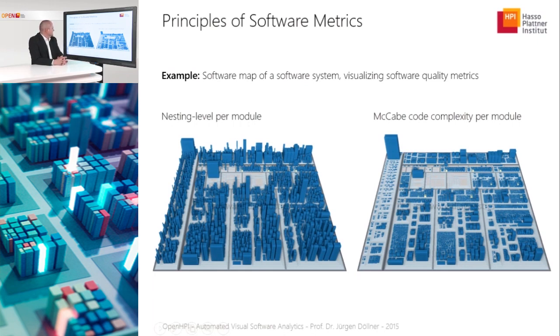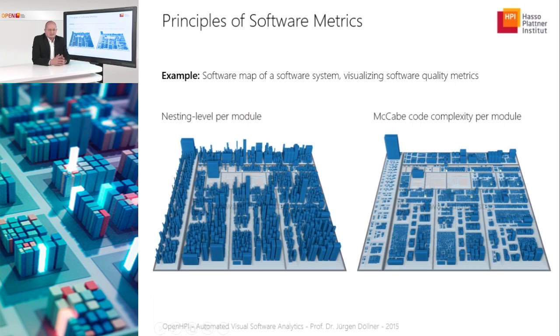On the left side, the nesting level denotes the depth of the source code nesting, for example in if statements, whereas on the right side the McCabe code complexity measures the complexity of the control flow by counting the number of paths through a control flow.